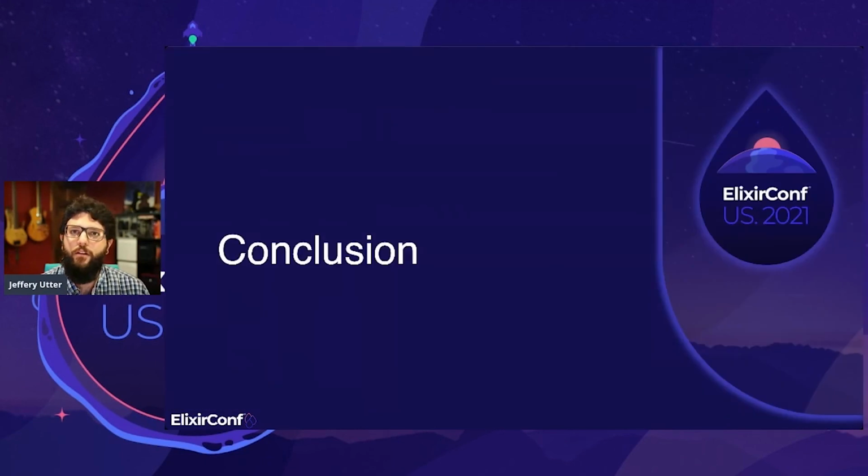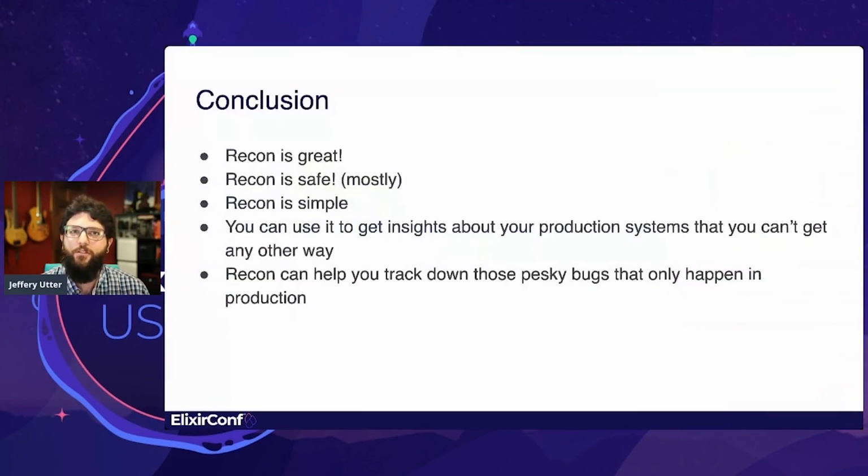So in conclusion, Recon's great. It's mostly safe unless you're doing something out of the ordinary. For example, when I'm writing to a file, you could potentially fill up the disk on your system, which isn't great. But using it in the recommended way, it's safe, and I find it simple to use.